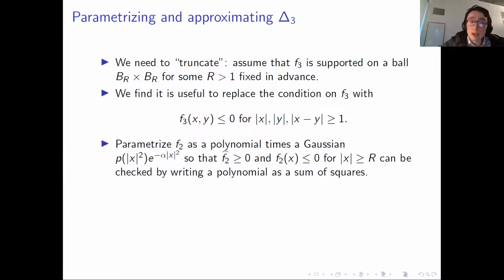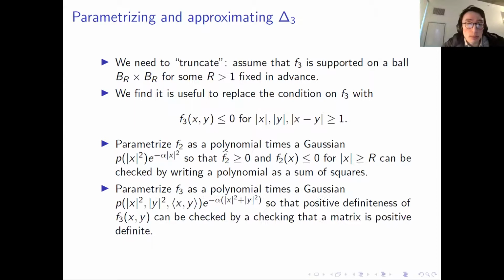And we're going to parameterize F2 and F3 both by polynomials times Gaussians, and note that we can check the positive definiteness conditions on both of them by writing down some matrix over a polynomial basis and checking that certain matrices are positive semidefinite. Or in the F2 case, we can try to write a polynomial as a sum of squares.